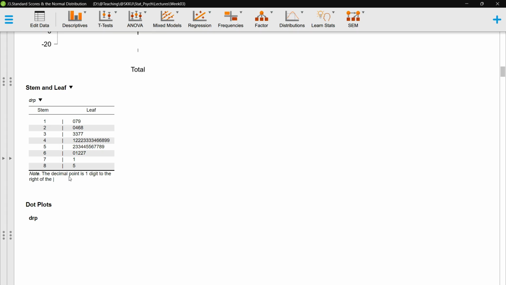So we have a single score of 10, then 17 and 19. And for the third row, we have two 33 points and two 37 points, something like that. This is the way we read this table or plot.